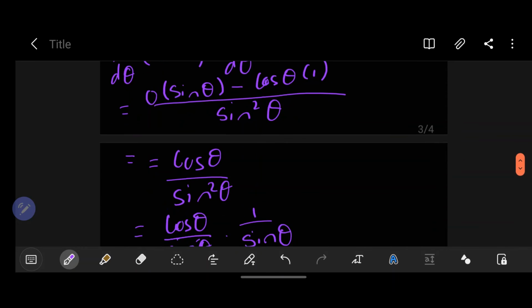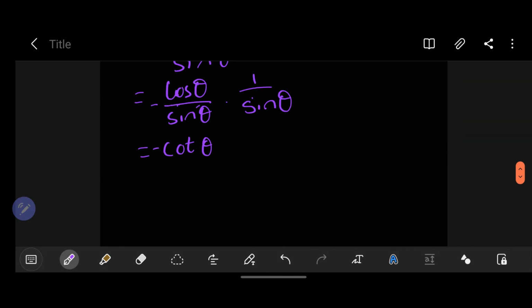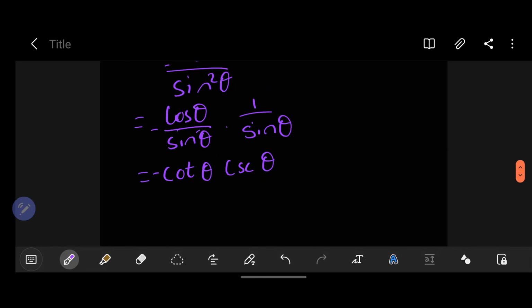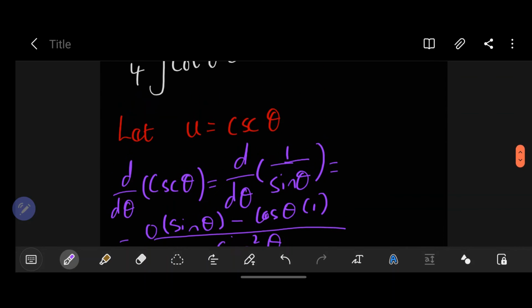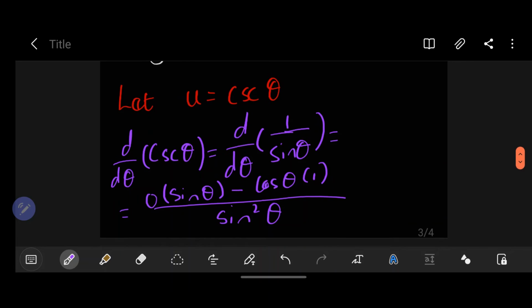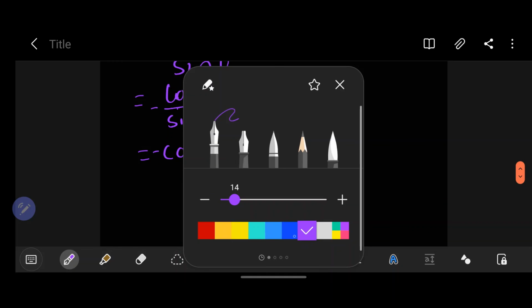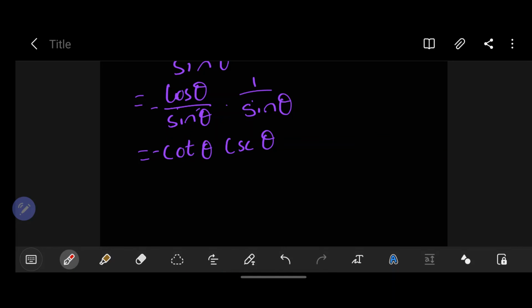Yeah, there's a negative. So it's going to be cot theta times cosec theta. So negative cot theta times cosec theta. So this is what I have as my derivative of cosec theta. It's negative cot theta times cosec theta. So I'll continue from there.